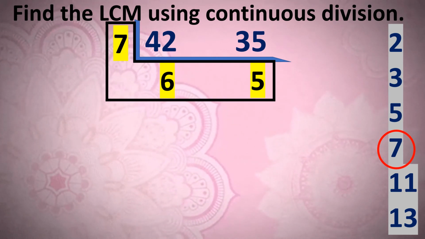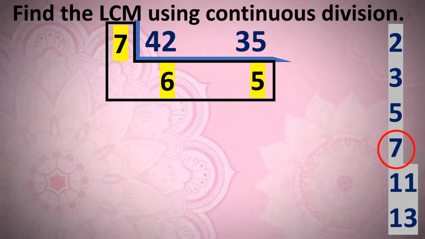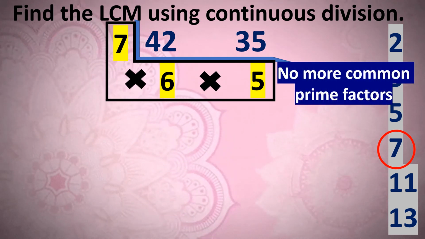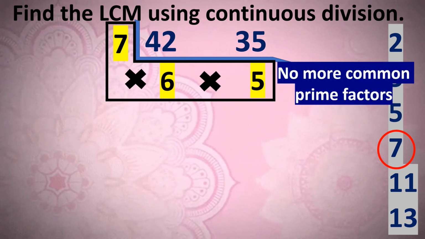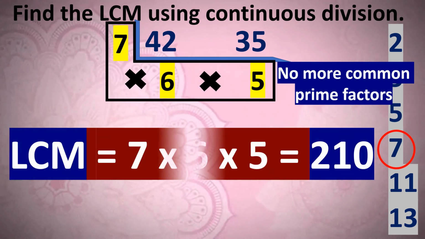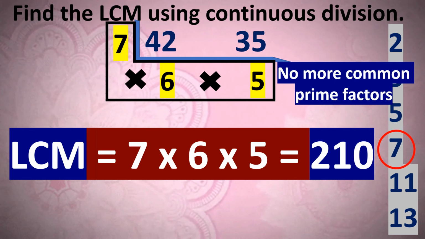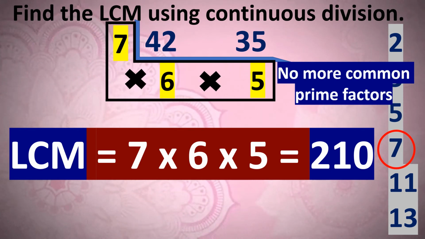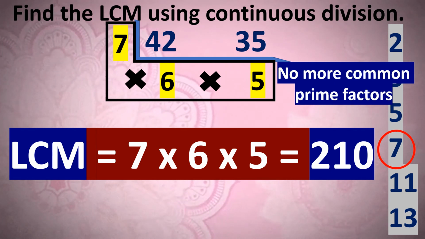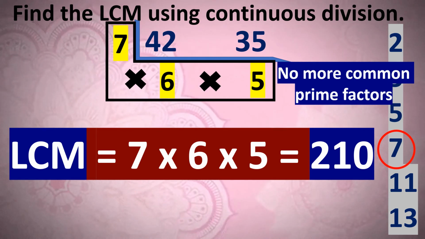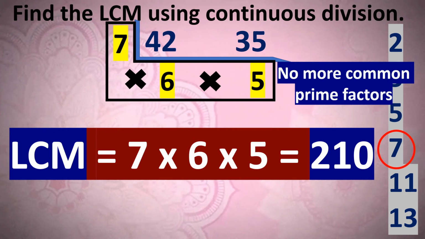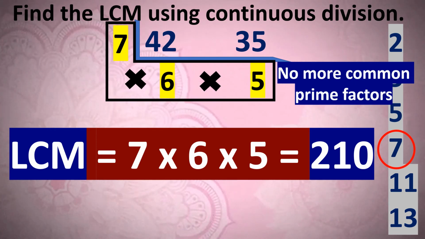So we will now get the least common multiple by multiplying the numbers. So 7 times 6 times 5 is equal to 210. So the LCM of 42 and 35 is 210. Okay?